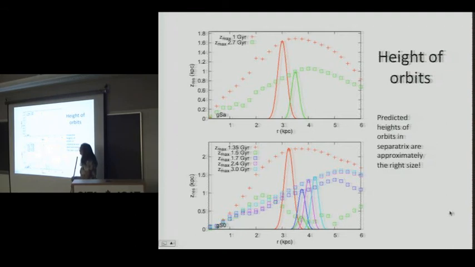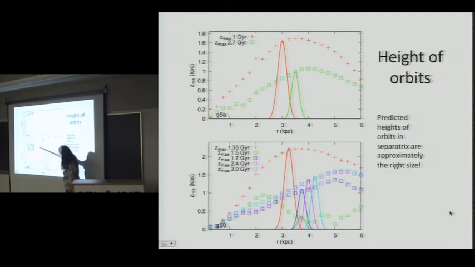The other thing I can do is predict the heights of the orbits in resonance. And when this worked, this was great. It maybe doesn't look all that exciting, but in each of these plots, I take the point where I cross resonance and then predict the height of the orbits there.